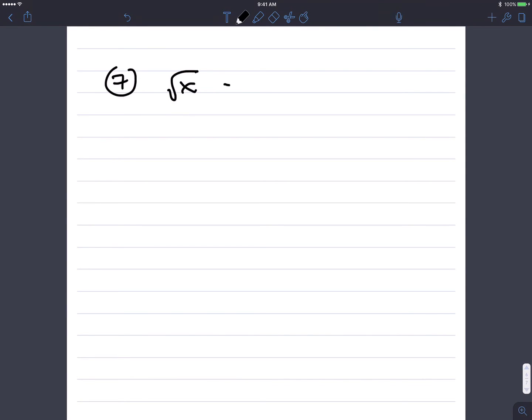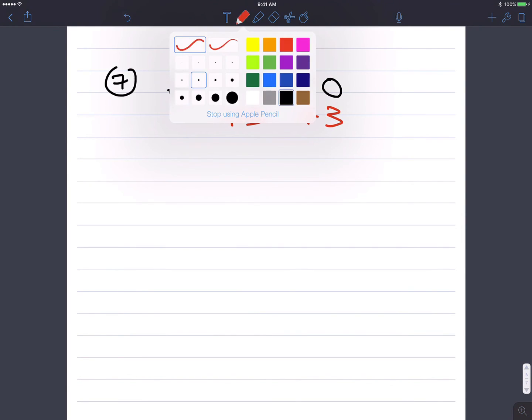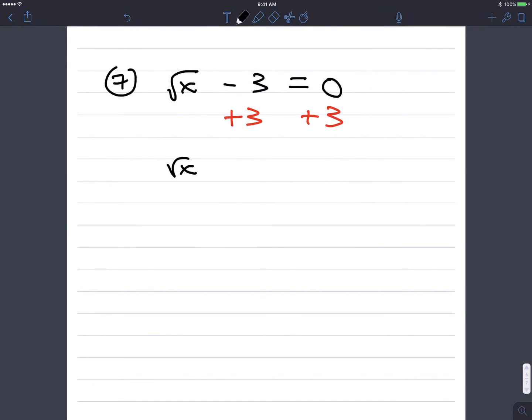The square root of x minus 3 is 0. We can apply the squaring of both sides at this point. So we're going to add 3 to both sides, and what you end up getting here is square root of x equals 3.